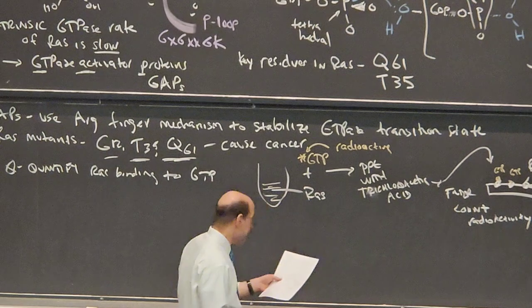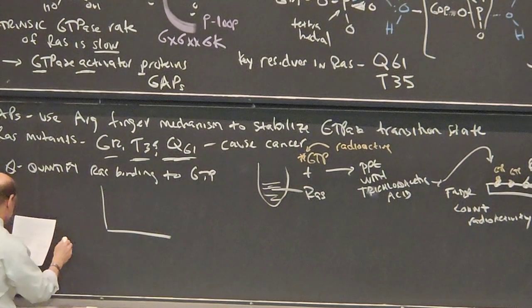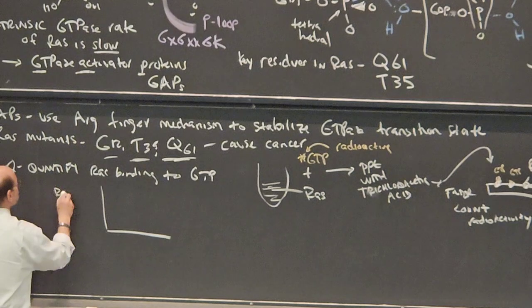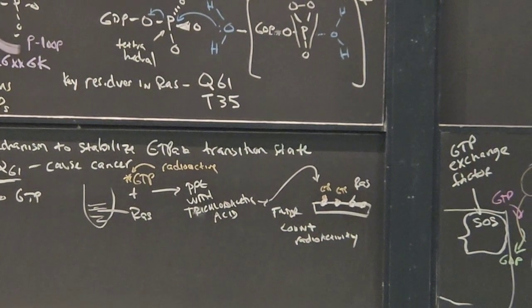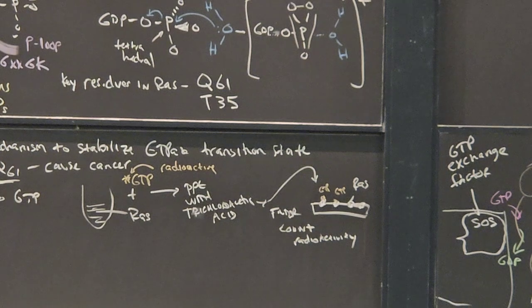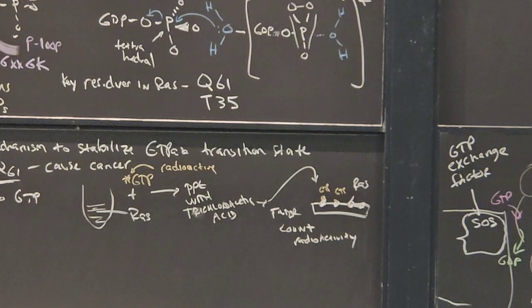And I'm going to make a plot here of the amount of radioactivity in the precipitate, that is the amount of radioactive GTP in the precipitate, as a function of GTP concentration.